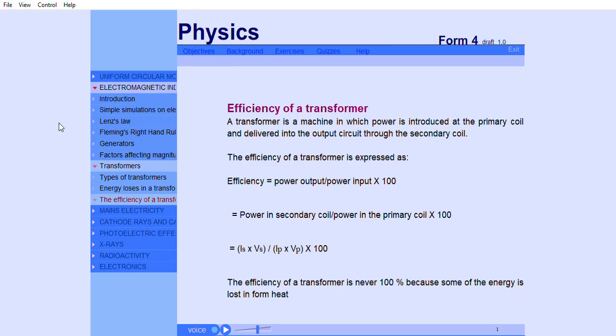The efficiency of a transformer is expressed as efficiency equals power output divided by power input multiplied by 100, which is equal to power in secondary coil divided by power in the primary coil multiplied by 100, which is equal to IsVs divided by IpVp multiplied by 100. The efficiency of a transformer is never 100% because some of the energy is lost in form of heat.